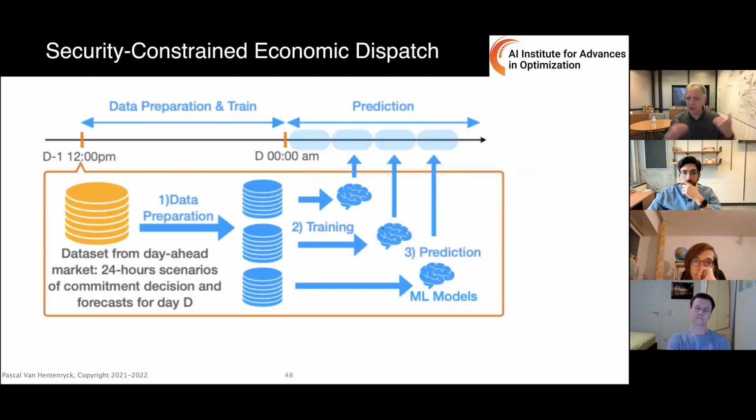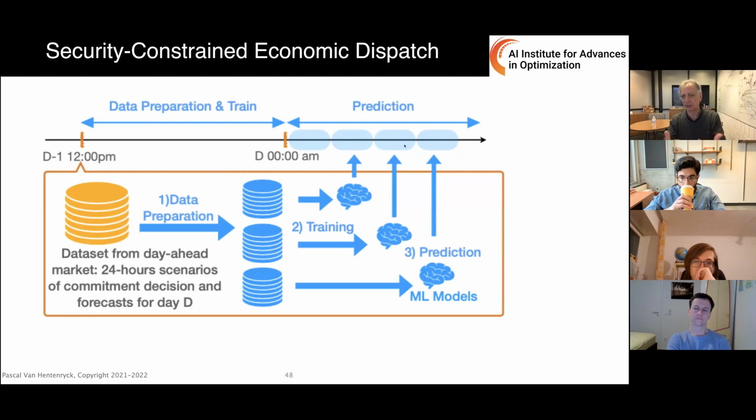And so the way we address that complexity is by saying, well, instead of solving a huge machine learning problem for the entire day and using the same model for every one of the periods, what we're going to do is learn a smaller model for every one of the hours of the day. And when you do that, the commitments are known, so it becomes a nice regression.